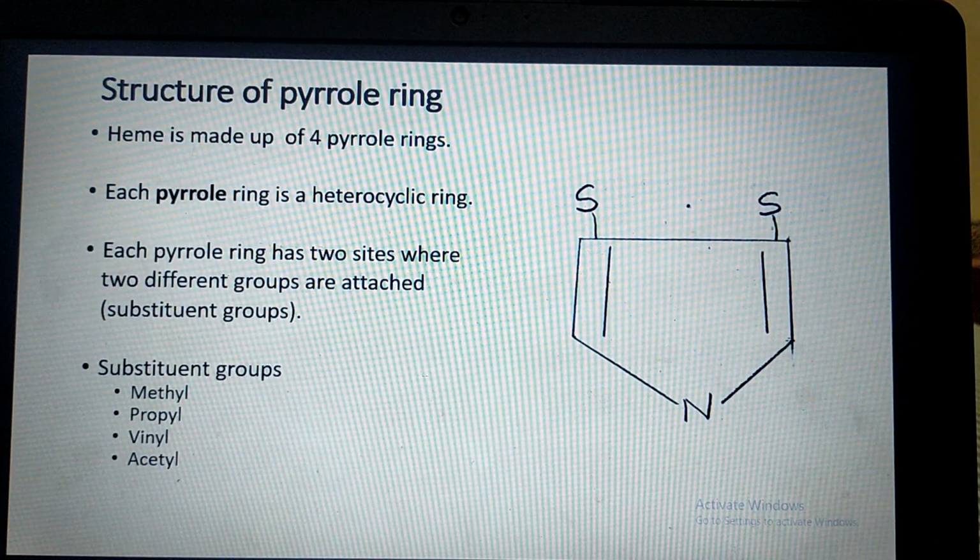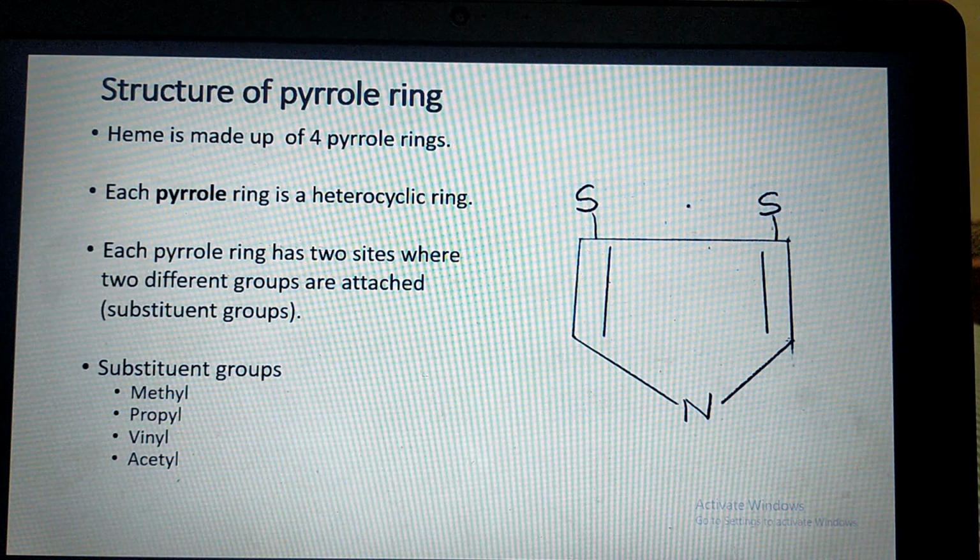Coming to the structure of hemoglobin, the basic structure is made up of pyrrole rings. Heme is made up of 4 pyrrole rings. Each pyrrole ring is a heterocyclic ring. Each pyrrole ring has 2 sides, denoted by S in this figure, where 2 different groups are attached.